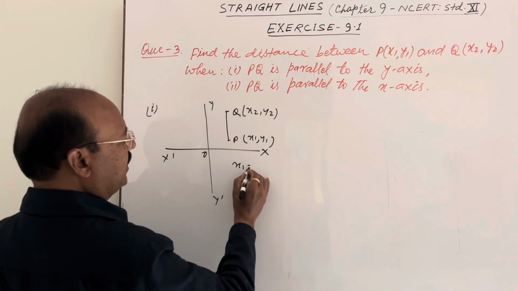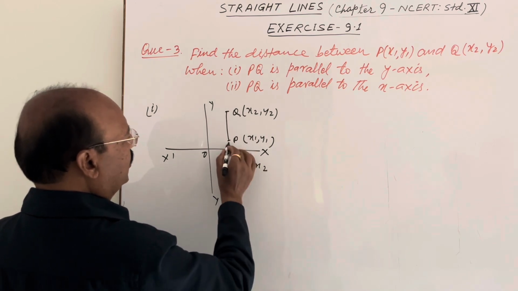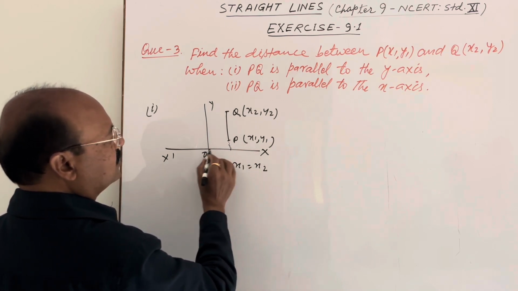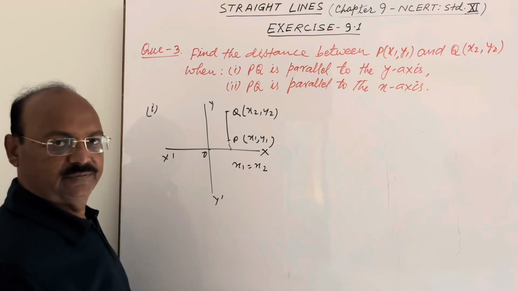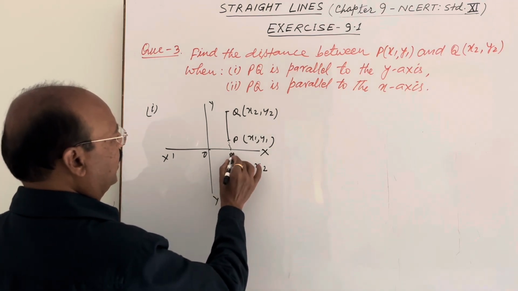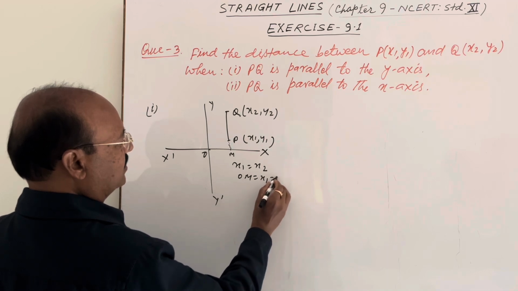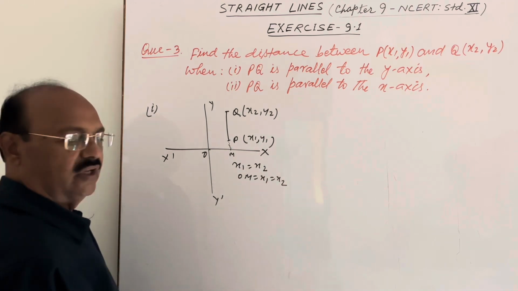So here we get x1 is equal to x2, because if you draw a perpendicular here, and call the foot M, then OM is equal to x1 is equal to x2. Clear?